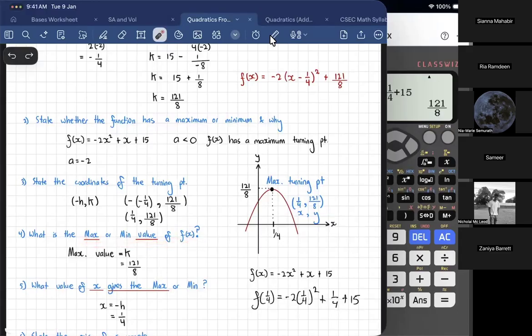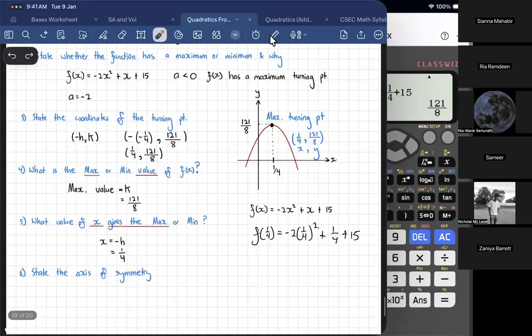Obviously, we have a maximum value here because when you look at the graph, what's the maximum value we're going up to? 121/8. Right. So the maximum or minimum value is given by k, 121/8.